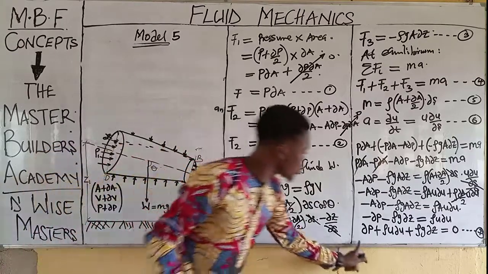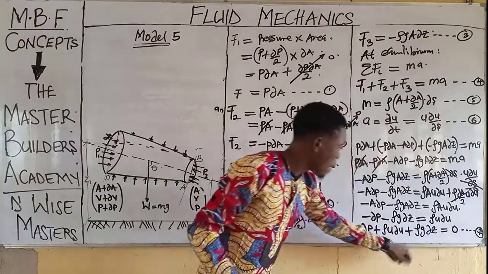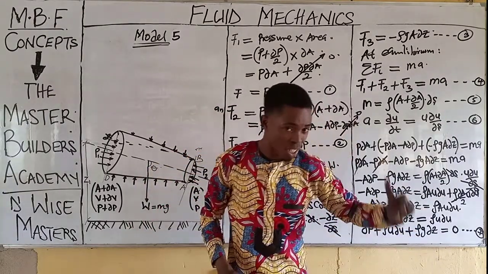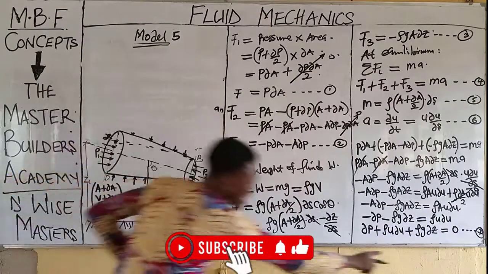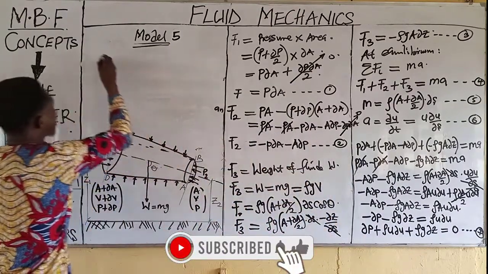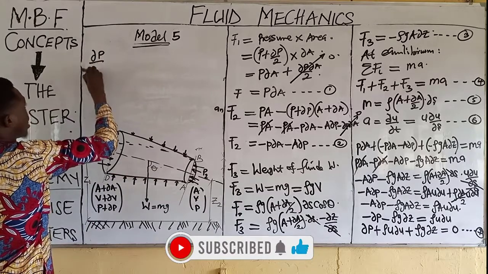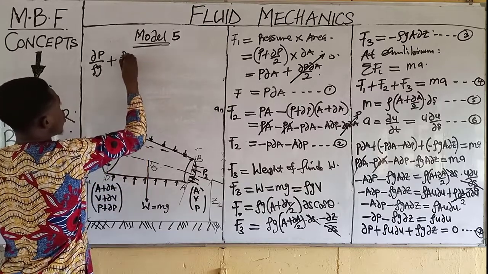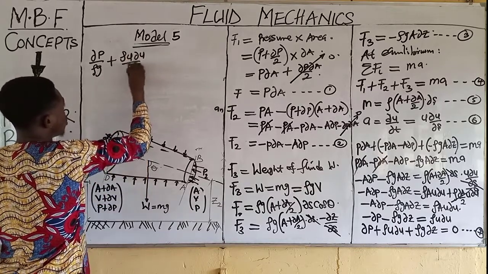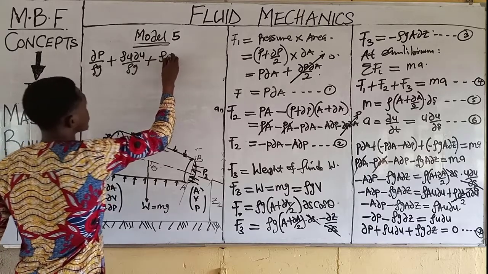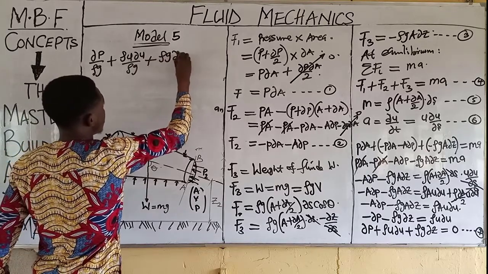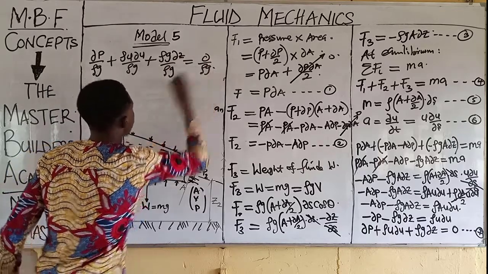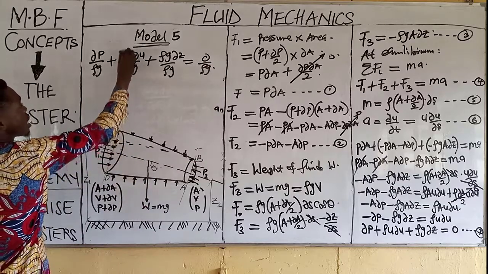So now, all we need to do is to divide both sides by rho G. We want to ensure that the coefficient of the elevation is 1. Are we there? All we need to do is to quickly divide all through by rho G. Then if we do that, we have change in P over rho G plus rho U dU over rho G plus rho G dZ over rho G is equal to 0 over rho G. Now guys, density cancels density.